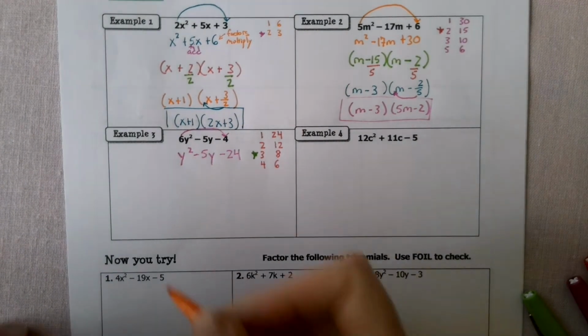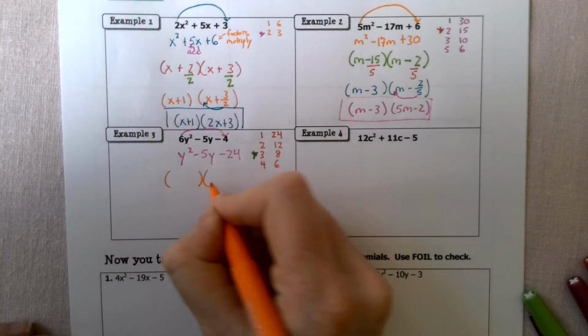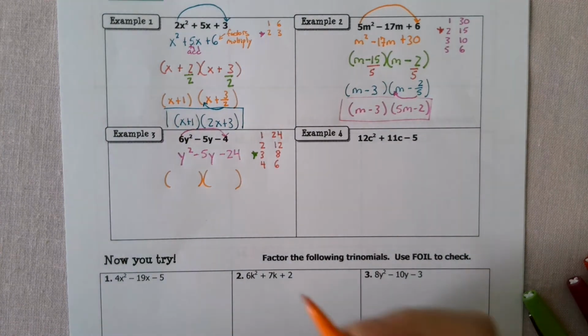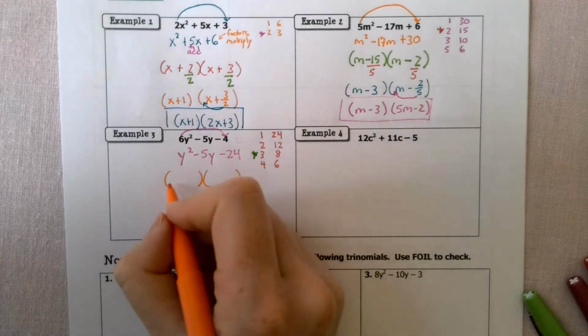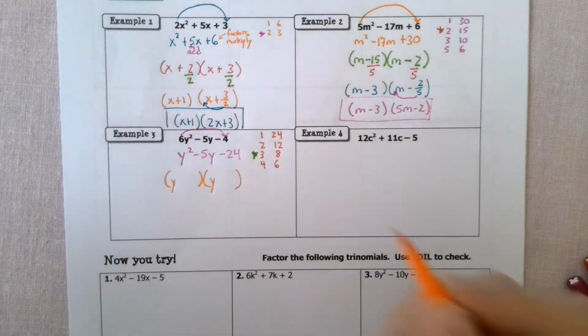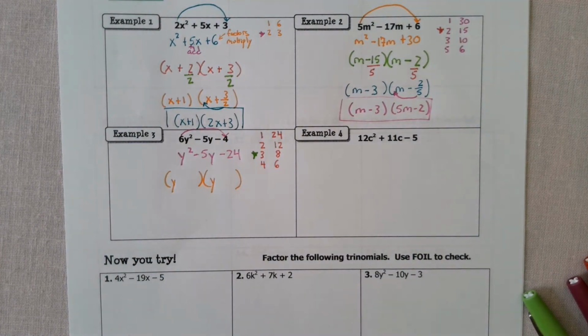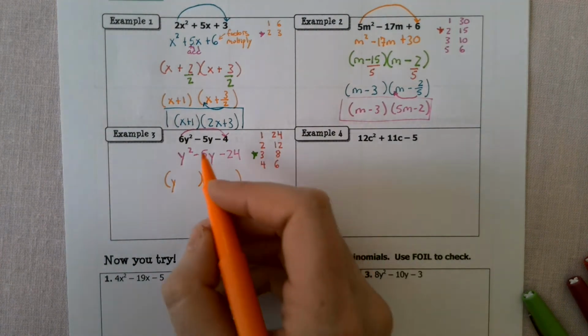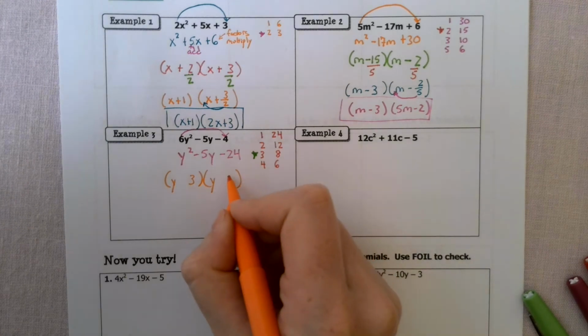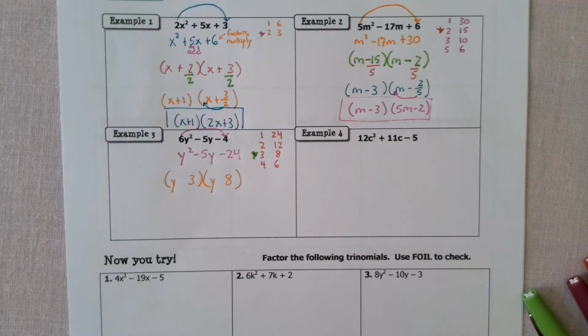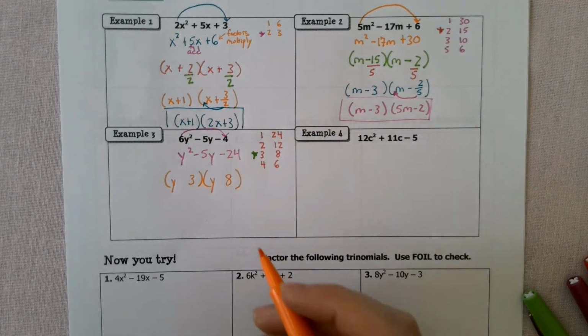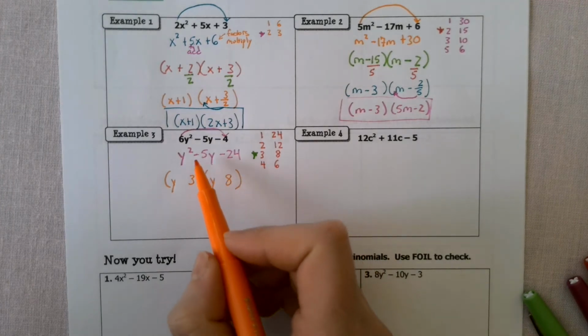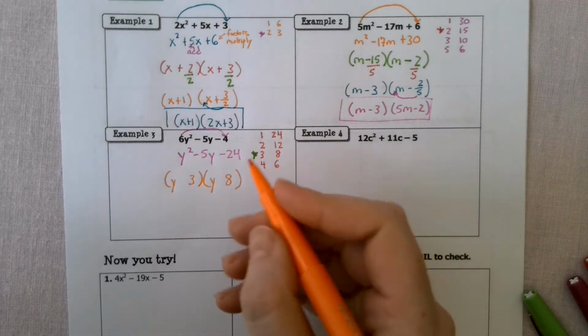So now we're going to set up our parentheses. We are going to put our letter in both of them. So we have a y in both parentheses. Because we said we were going to use 3 and 8, we're going to put a 3 in one and an 8 in the other. Remember, your largest number, which is going to be this 8, is always going to take this sign, whatever it may be.